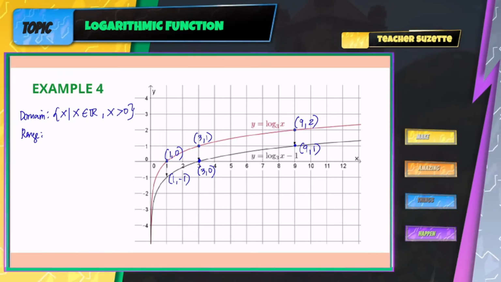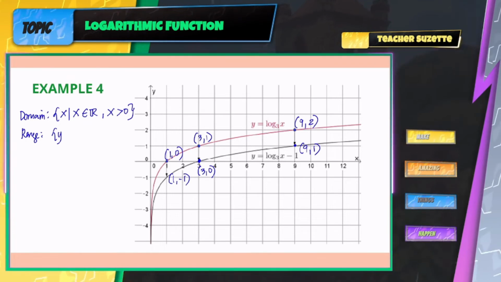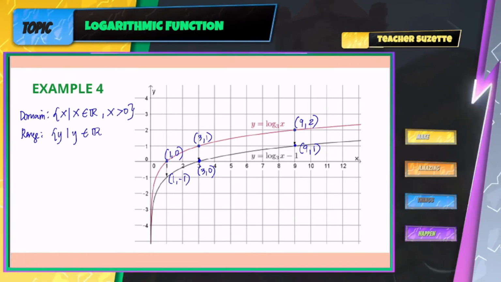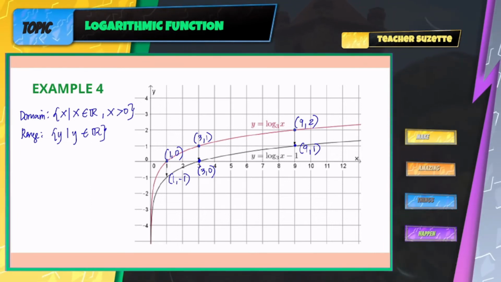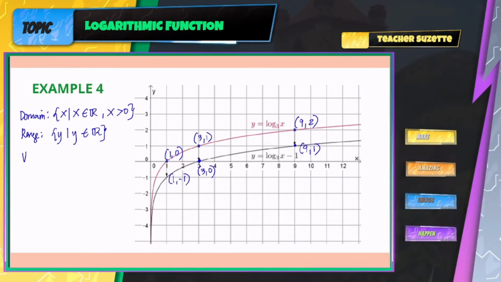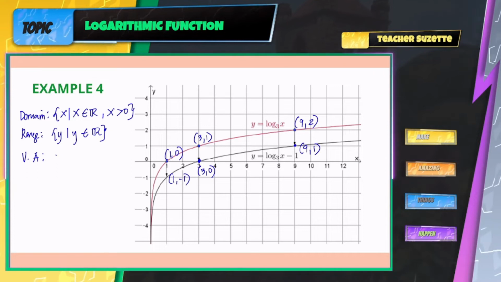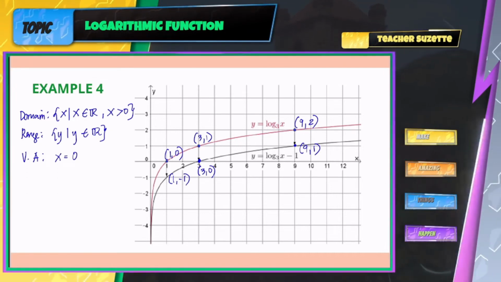For our range naman, we have both positive and negative, so therefore our range is an element of real numbers. So all possible real numbers. And for our asymptote, meron lang po tayong vertical asymptote, and obviously ang ating vertical asymptote dito is x is equal to 0.